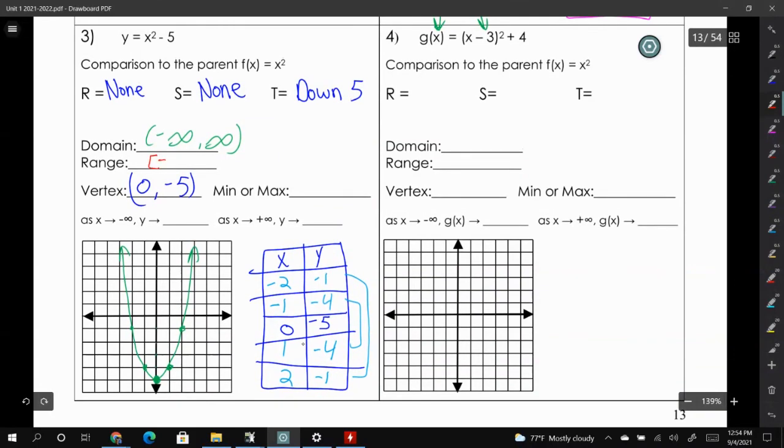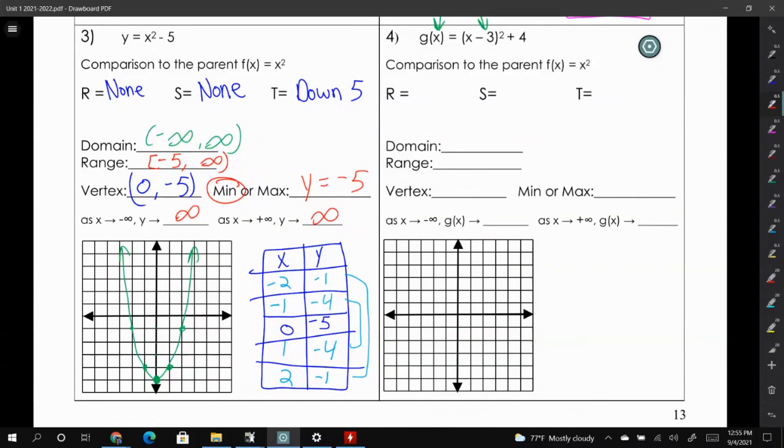We are opened upward, so the smallest y value is the y coordinate of our vertex, and the y value goes all the way up to positive infinity. This means we have a minimum value at y equals -5, and since this u opens up, the end behavior goes to infinity on both sides.